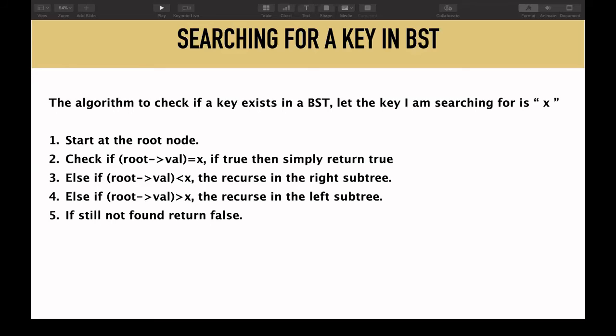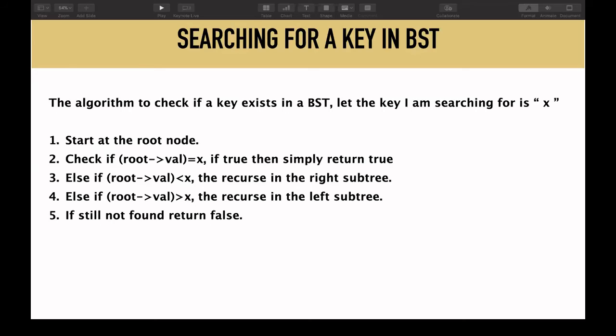Are you able to get an idea? Every time I have two options, and I choose one option and simply discard the other. So it is very similar to binary search, where you pick a mid value and check your answer for the mid value. If your answer matches the mid value, then you simply return.